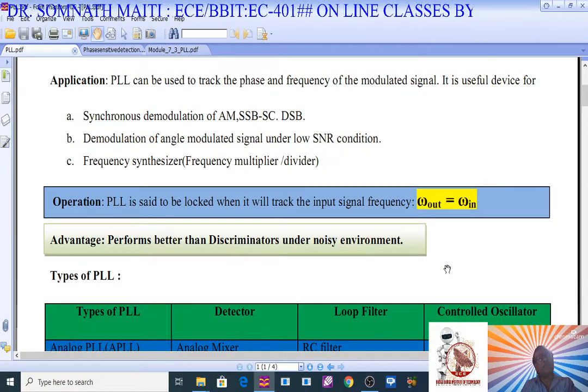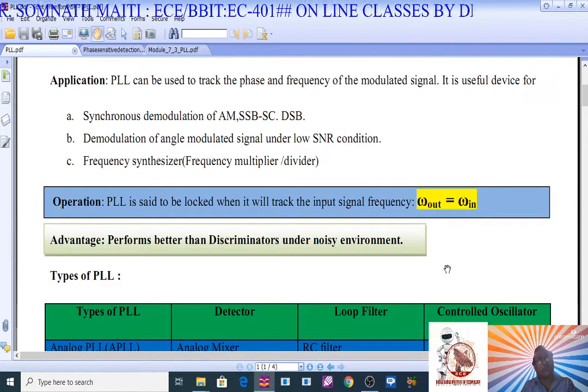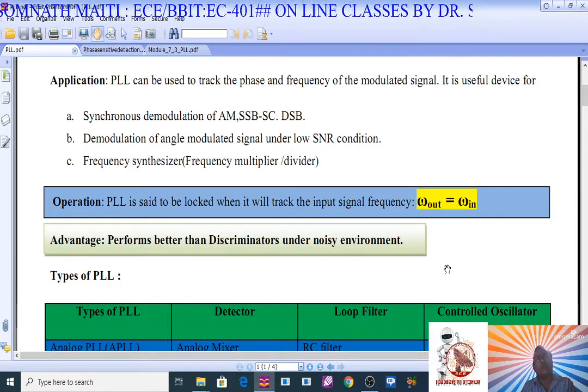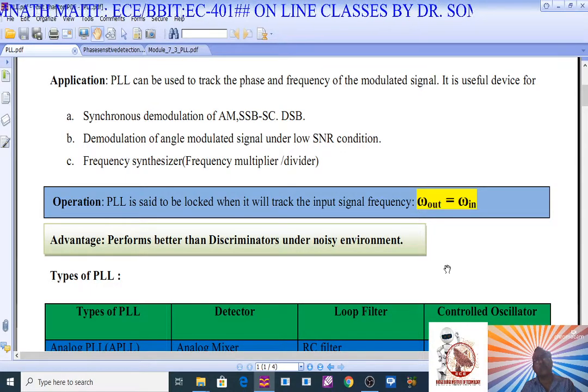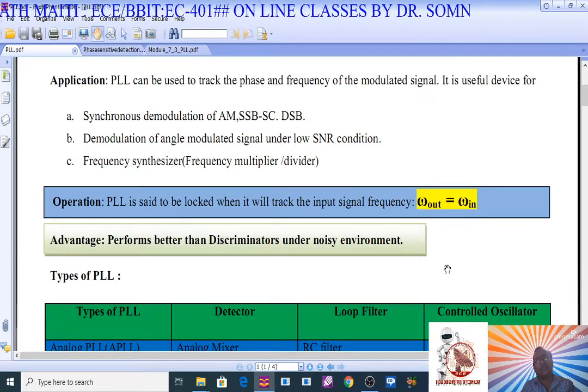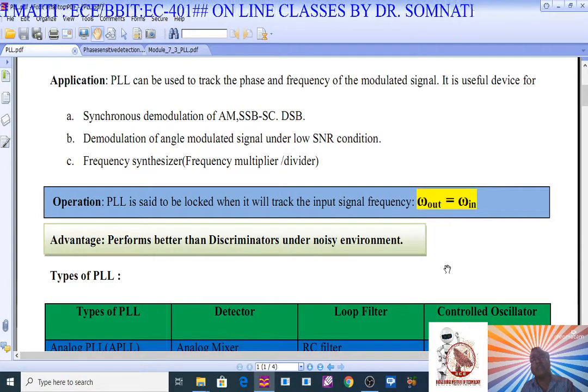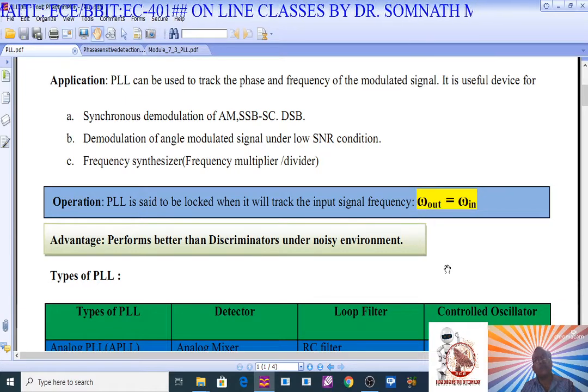Now PLL is said to be locked. This is a very important operation, when we track the input signal frequency. The incoming signal frequency is W_in.